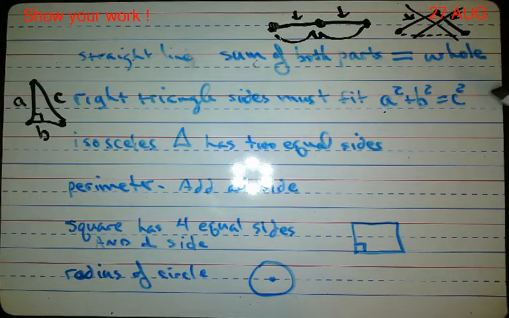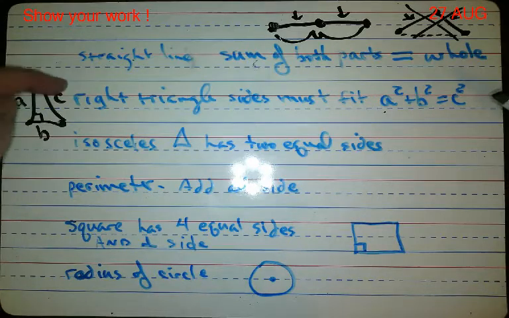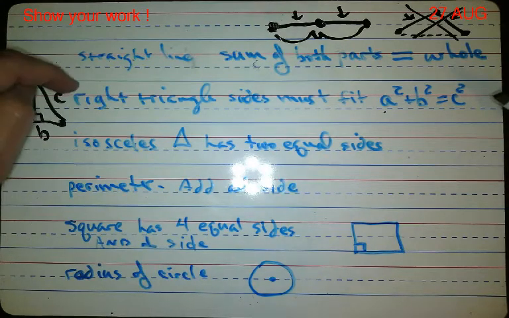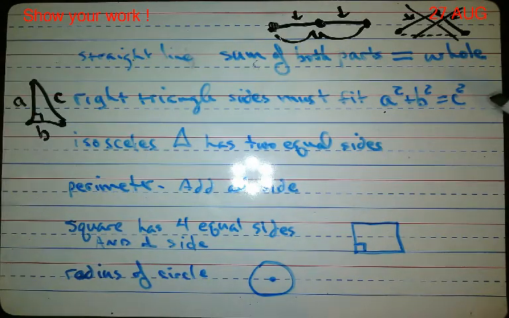So when you show your work, you're going to show me that you found this length, you found this length, you found this length, and this one squared plus this one squared adds up to be the same as that one squared.